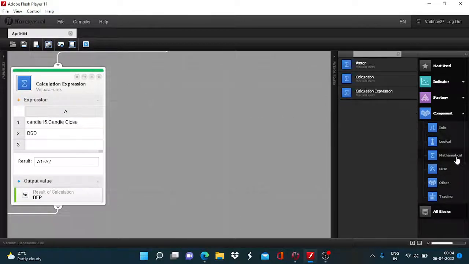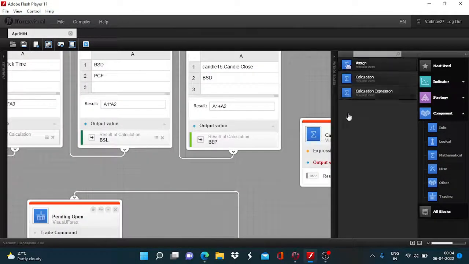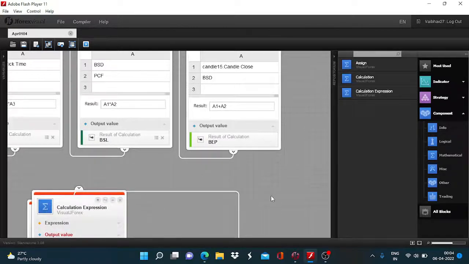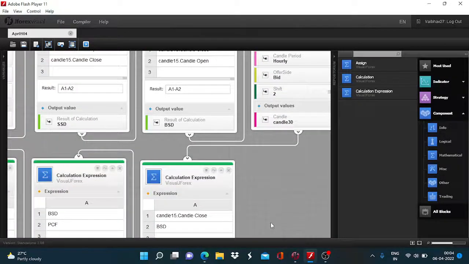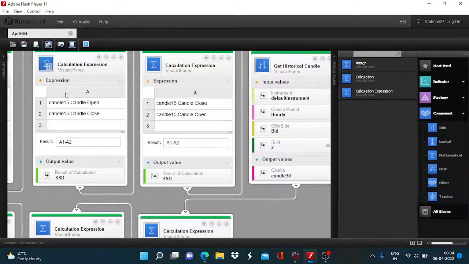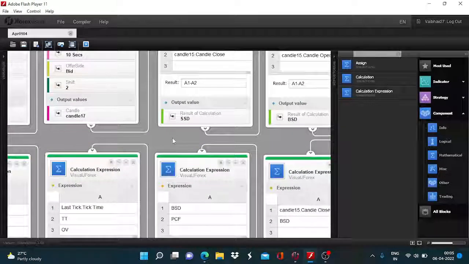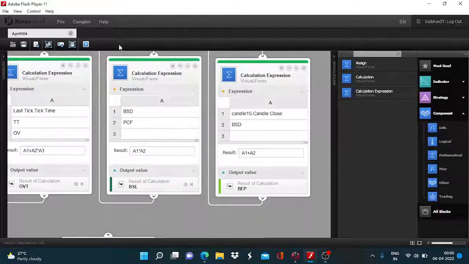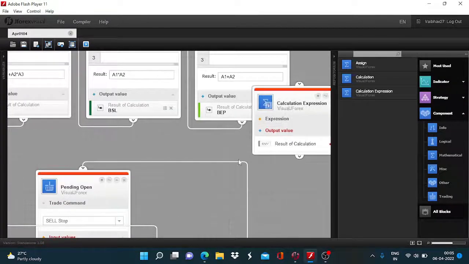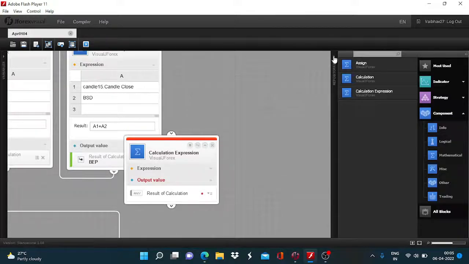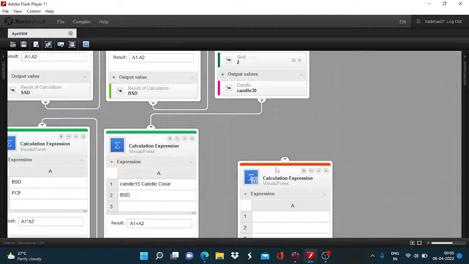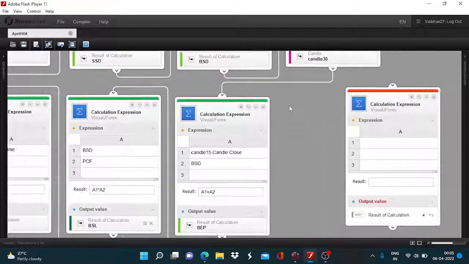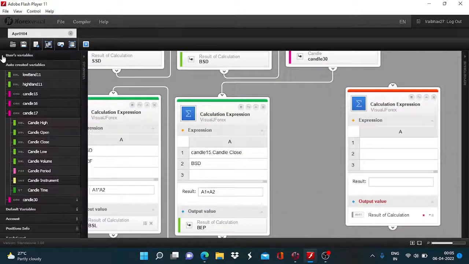So for that we have to consider calculation expression. We are going to need, let me check how many. We have already calculated this difference, sell side difference. So all we now need to do is deduct the difference from the closing value of candle 15.